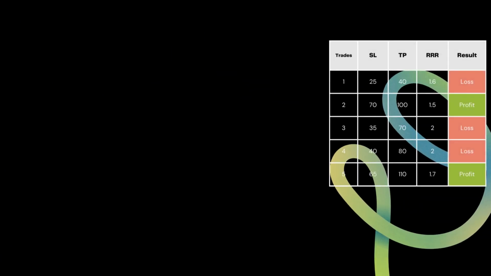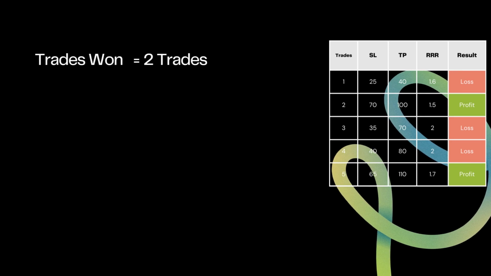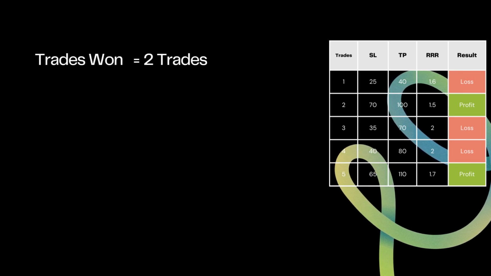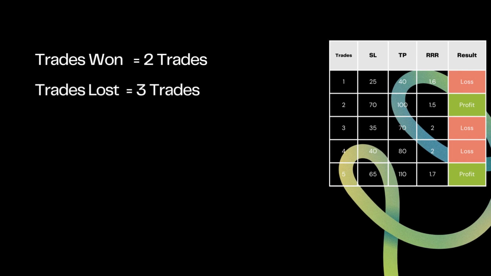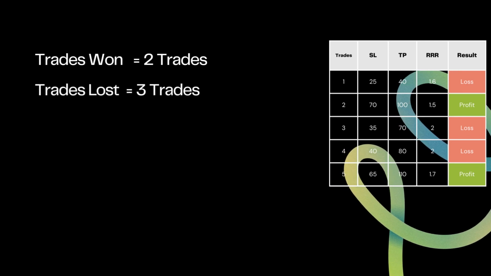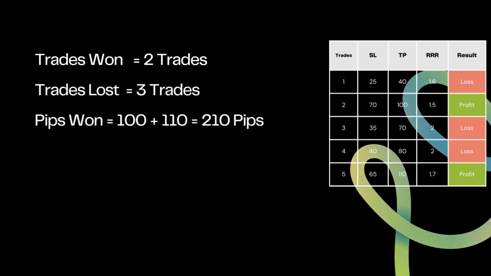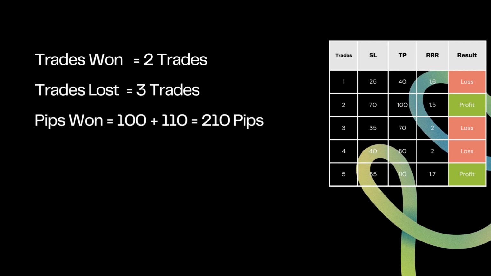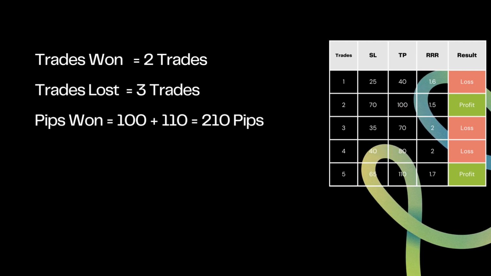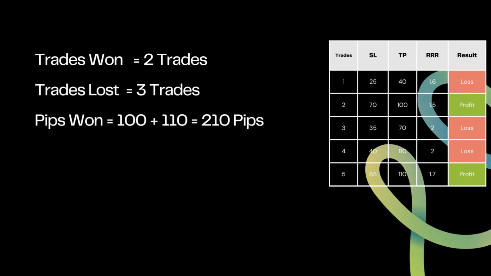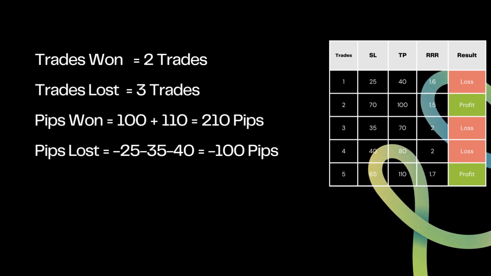If you look at the total trades, the trades won are 2, the trades lost are 3. The total pips won is 210 pips, that is 100 and 110, and the total pips lost is 100 pips.